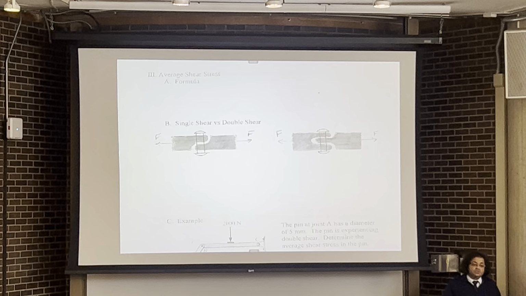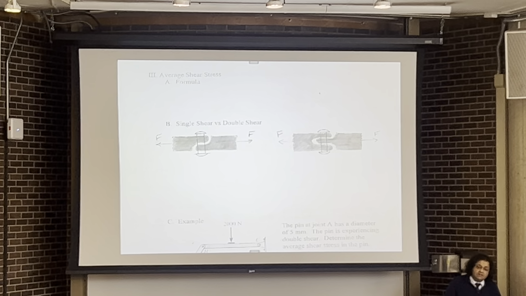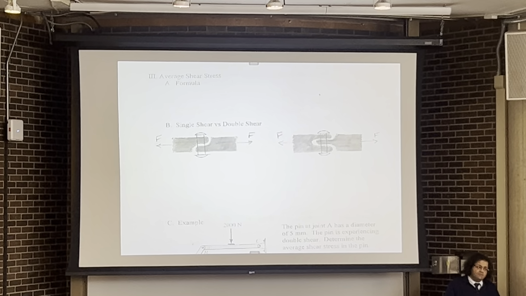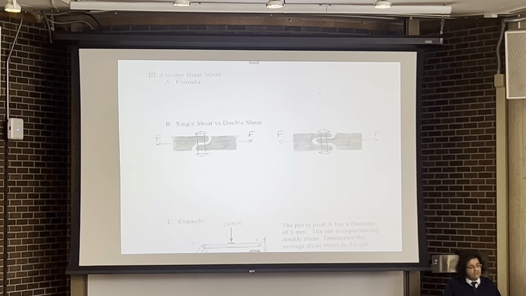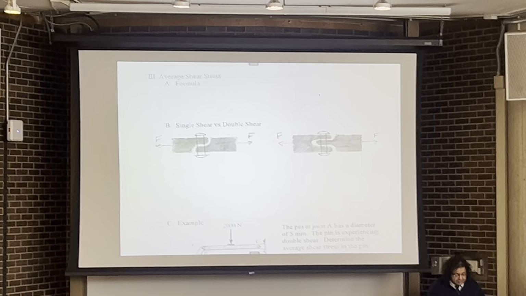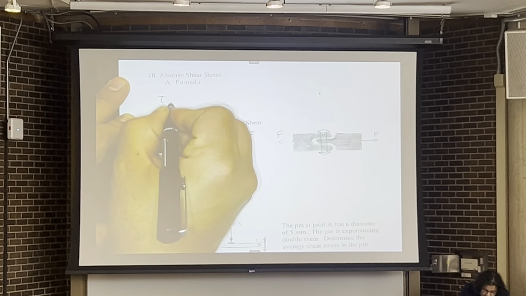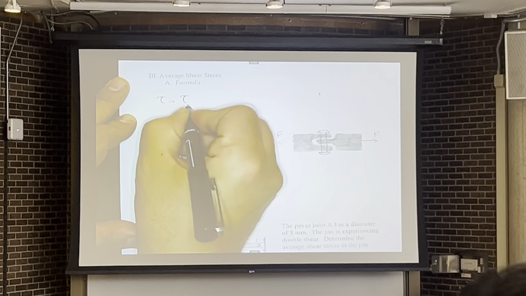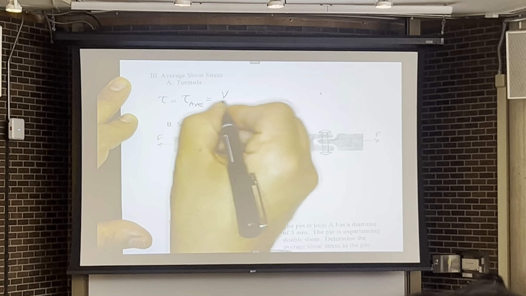That's correct for shear stresses as well. So for some engineering elements, it is fine to assume that the stress is distributed almost uniformly. And if we can make that assumption, we can just simply divide the shear force by the area and calculate the shear stress. So my point is that this equation could be used for some elements. That shear stress is equal to the average shear stress and is equal to shear force divided by area.